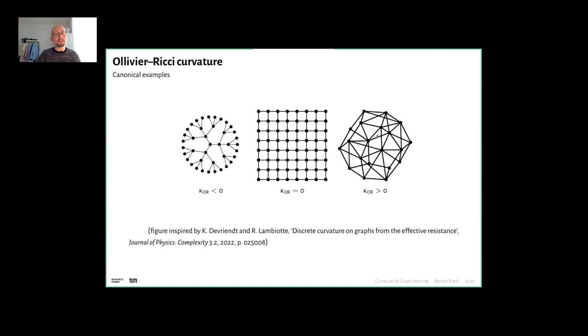It's not fully connected here, but I tried to make it as fully connected as I could. It represents the positive curvature regime. This figure is inspired by another figure from Devriendt and Lambiotte on a discrete curvature on graphs from the effective resistance, which appeared last year. So these are the canonical examples of curvature regimes in graphs.